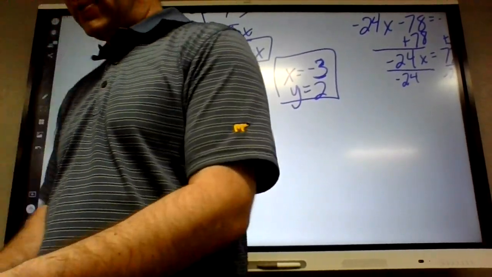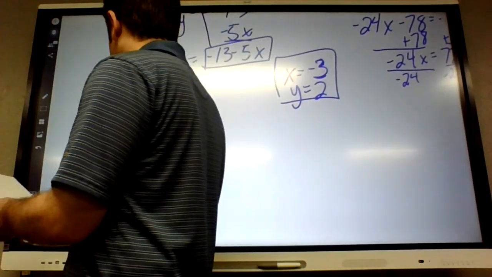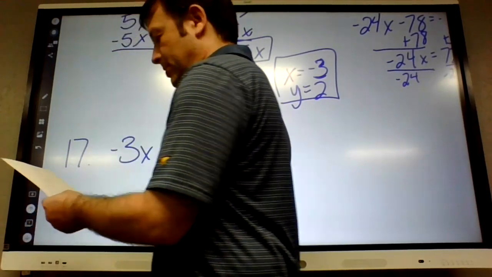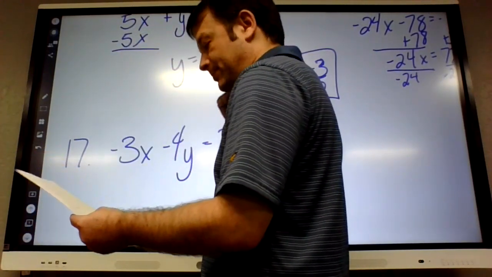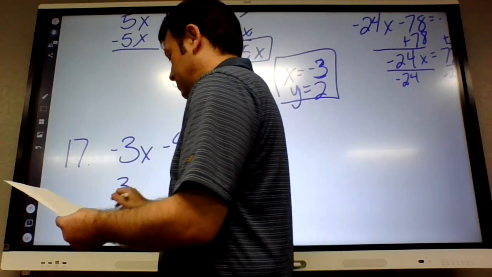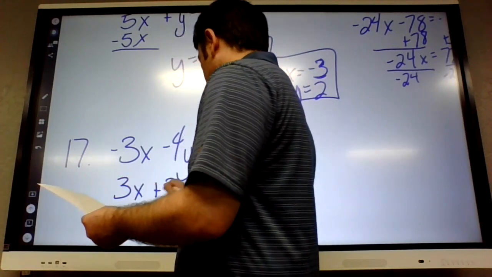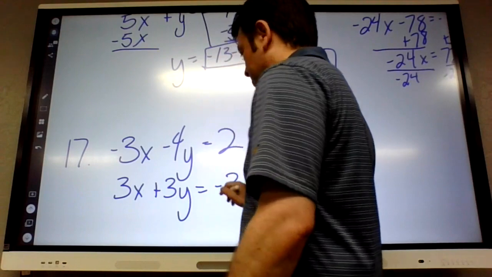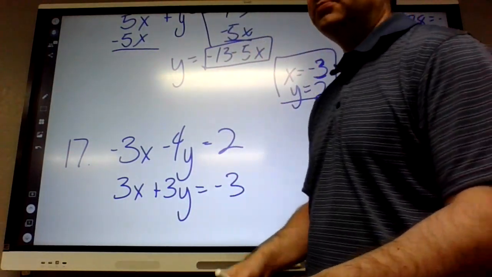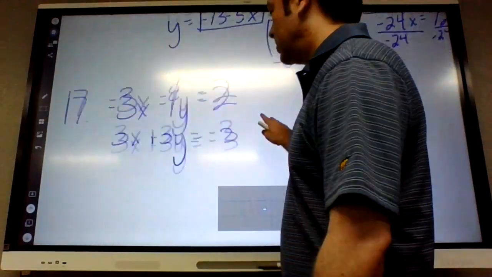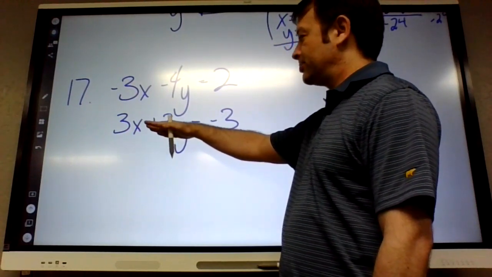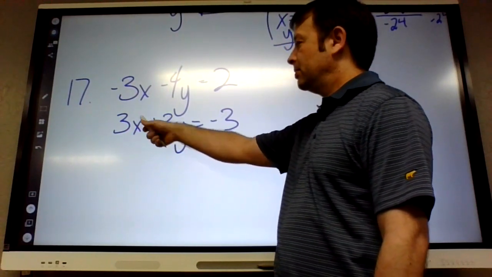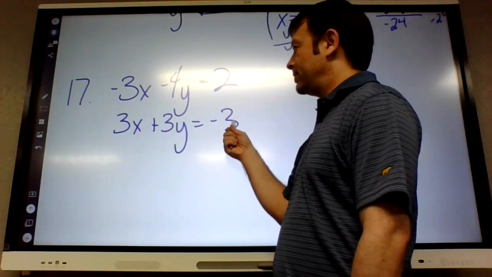Okay, 17. This one's a little different again, because 17 doesn't have a letter that's isolated. It doesn't say 5x plus y like the last one. So, Shelby, what do you think? What should we do? Subtract 3x on 5. Okay, this bottom one is going to simplify better because why? You can divide by 3 on everything.